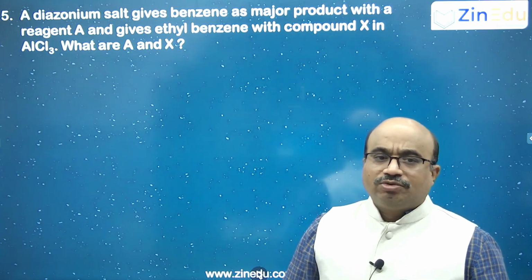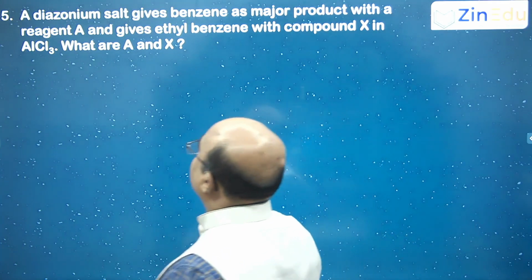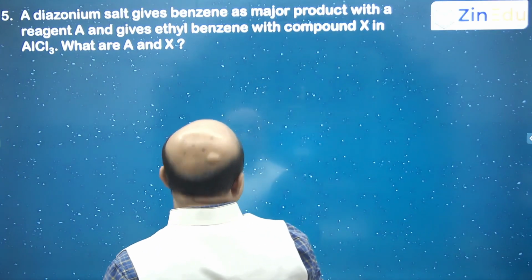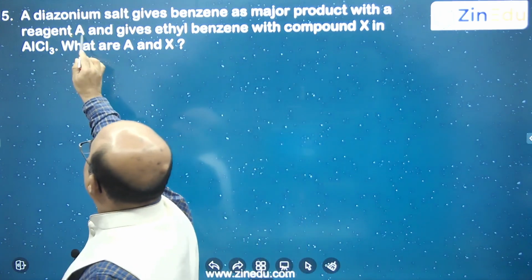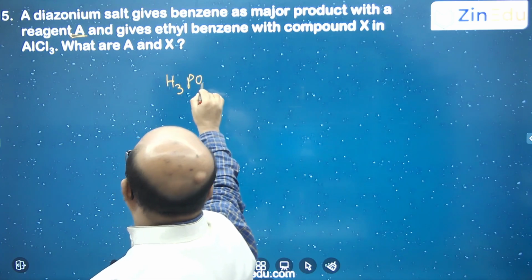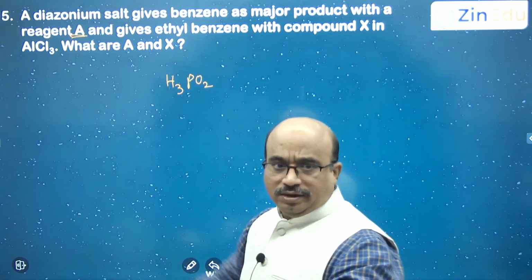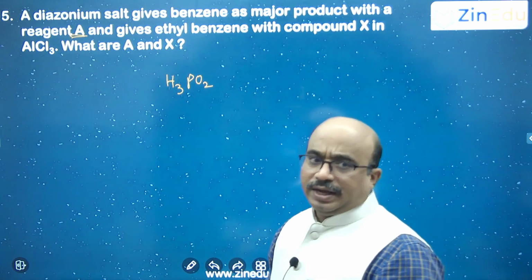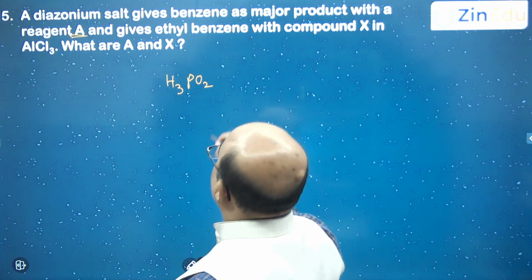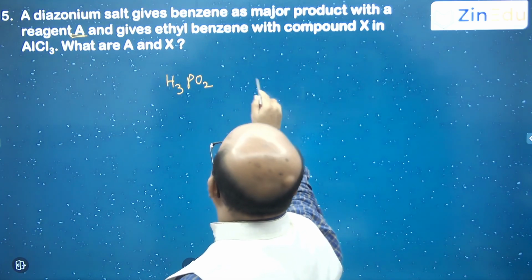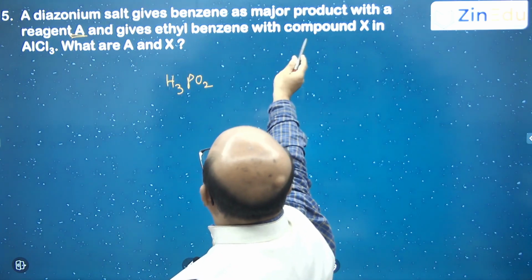So the diazonium salt giving benzene with a reagent, that reagent A is nothing but H3PO2. We have already seen it in the previous fifth question. Then ethylbenzene is formed with compound X; benzene gives ethylbenzene.